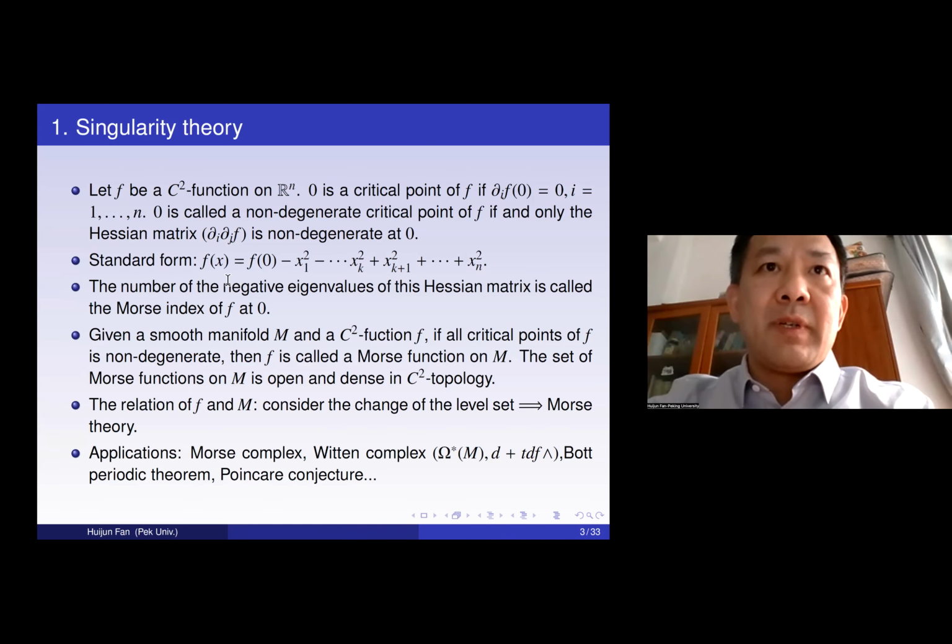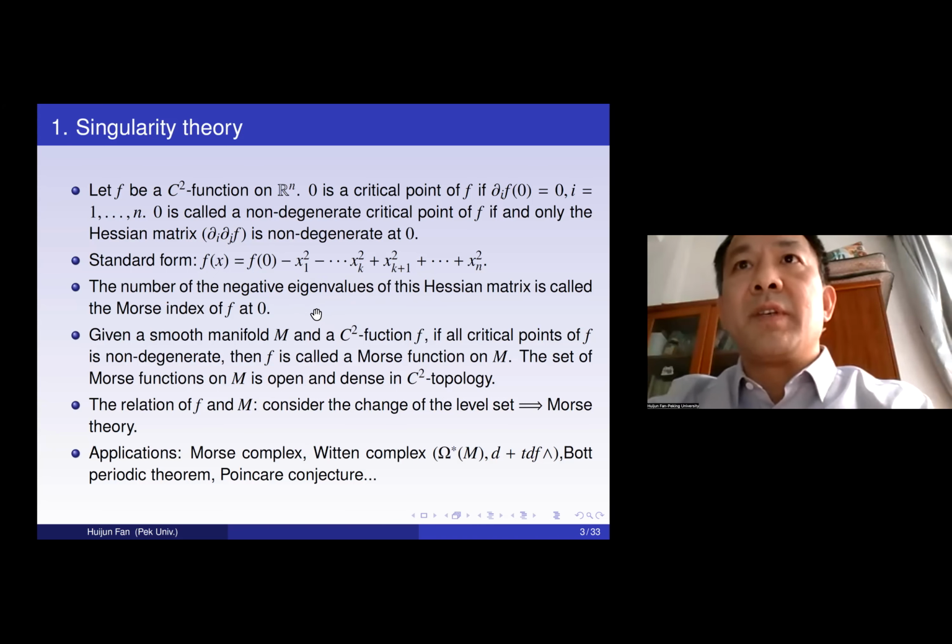So at the non-degenerate critical point, f has the following expression: f(0) plus quadratic terms with plus and minus signs, and the number of minus terms is called the Morse index of f at 0.